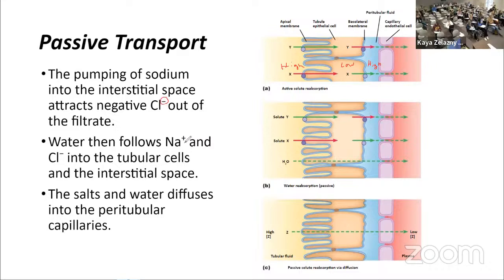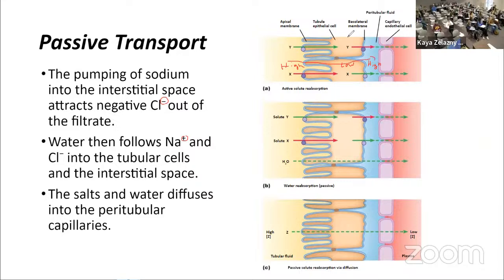So sodium is positive, chloride is negative. Sodium and chloride ions together make up NaCl, table salt. So we're attracting those based on their charge, basically. So the chloride ions are following that positive charge kind of along with the sodium. So they are also carrying through. Okay, so they're kind of carrying along here.